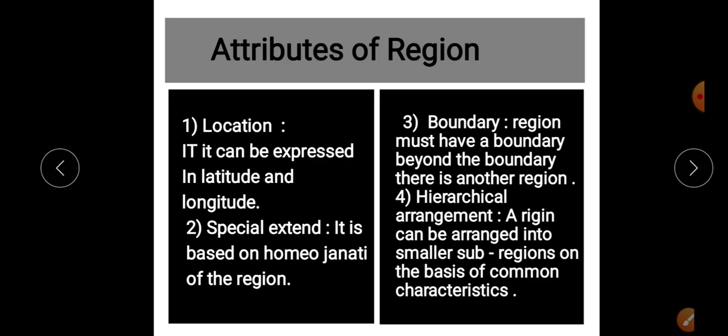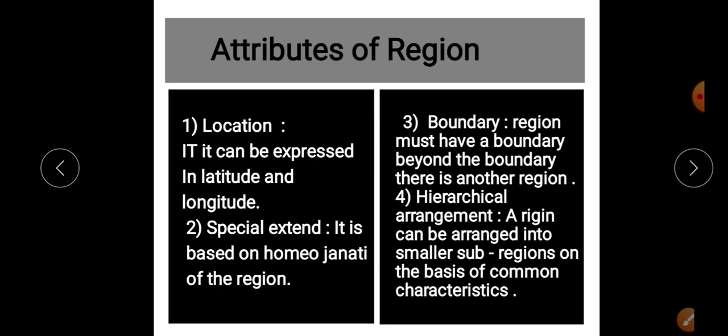For example, India's longitudinal extent is 68 degrees 7 minutes east to 97 degrees 25 minutes east. The latitudinal extent of India is 8 degrees 4 minutes north to 37 degrees 6 minutes north. In this way, each country has its specific location, which is expressed with the help of latitude and longitude.